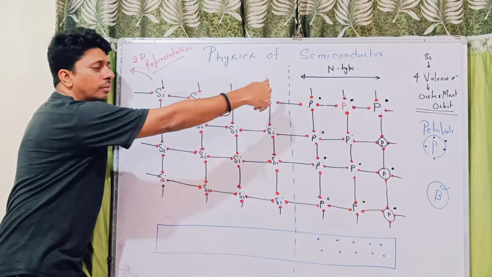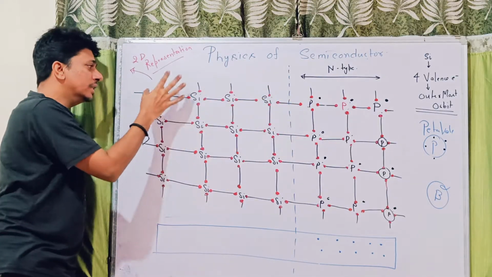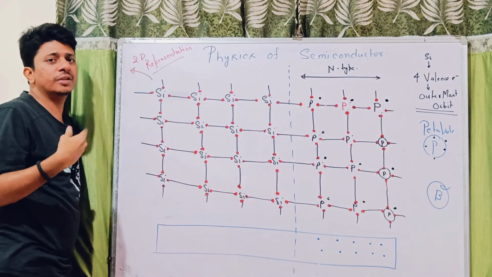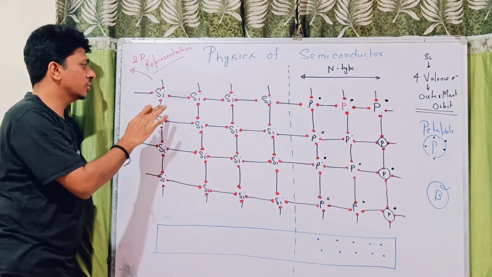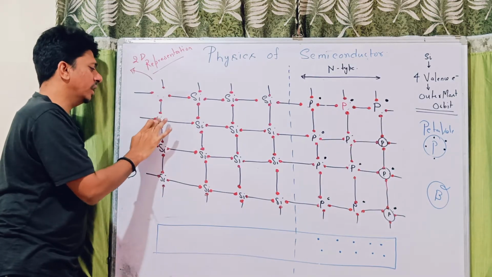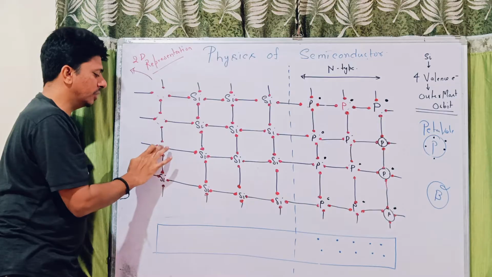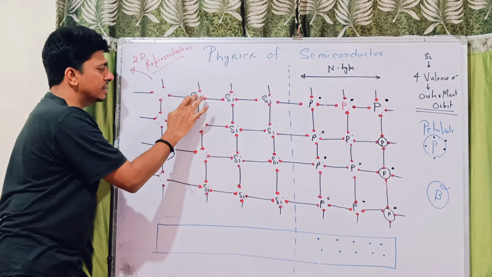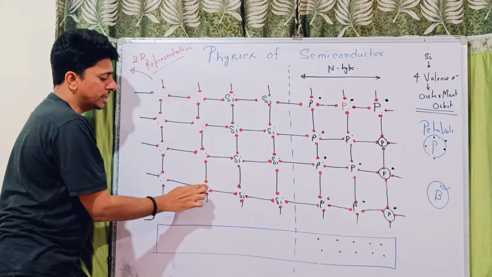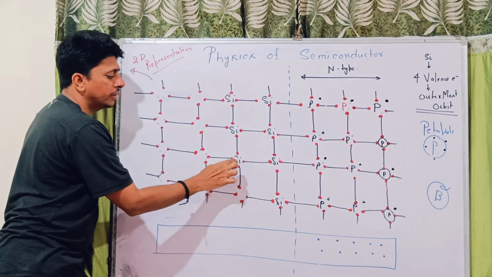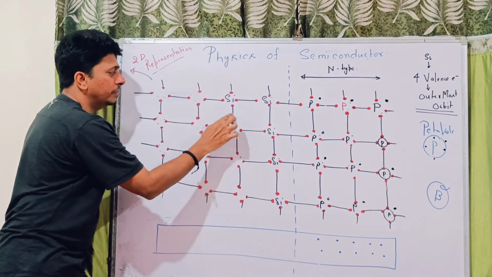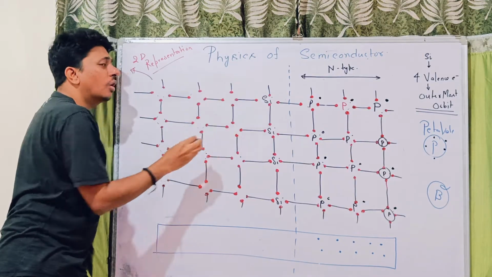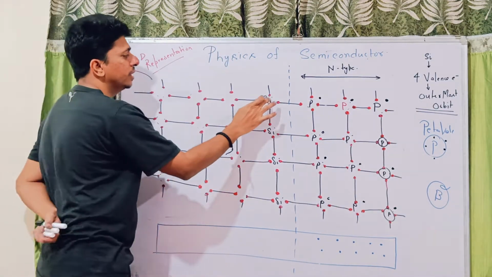Instead of the downward phosphorus atoms, these silicon atoms will get ejected from their places because of the temperature, leaving a space, and this space will be acquired by another atom, which we will place inside the chamber.